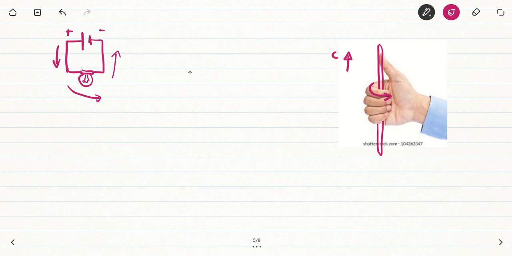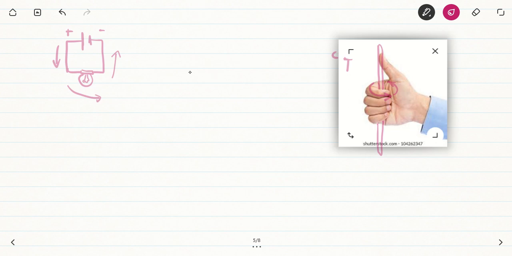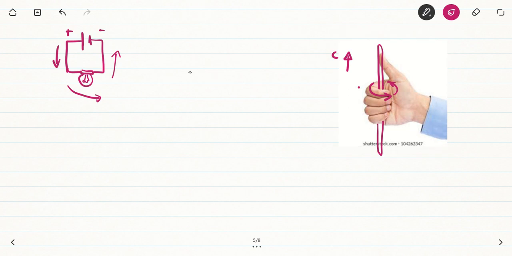Because this is a three-dimensional representation, you have to realize that the curl makes the magnetic field appear as if it's coming out of the page on this side and going into the page on this side. Now, because the direction is known, we can say that the direction of the magnetic field is anticlockwise or counterclockwise.